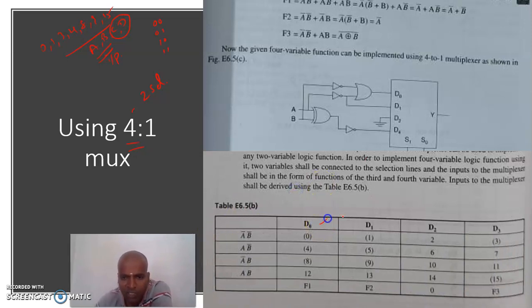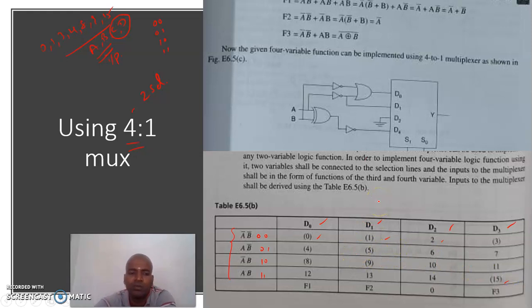So let's create the table. See, D0, D1, D2, D3 are the 4 inputs, and these inputs start from 00, 01, 10, 11. Okay, so have a look at this. 0, 1, 2, 3 up to 15 is written inside the table.